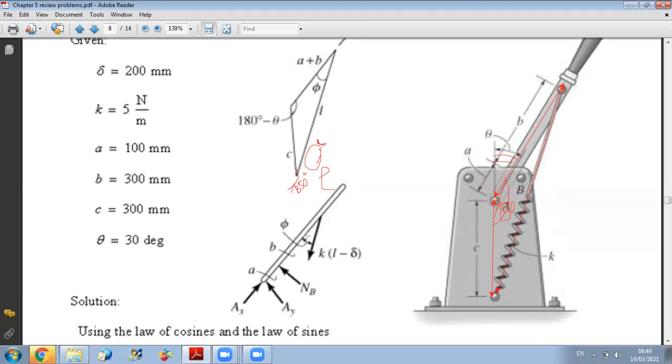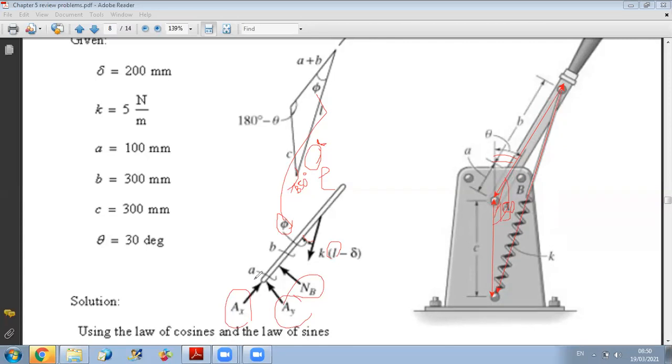To be able to project your spring force, you need to know the angle phi between the arm and the spring. This is angle phi that can be calculated from this triangle. Once we calculate L and phi, we will have only three unknowns, which are Ay, Ax, and the normal reaction at B. So now we are ready to apply the three equilibrium relations.